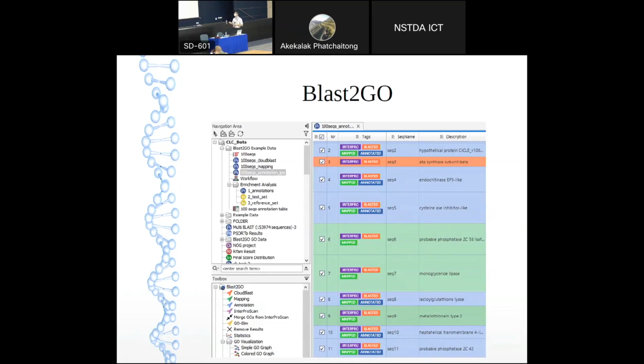So when you're running BLAST2GO, you start with a sequence name that's been output by the program, and the result is a description of what the gene actually does. So in this example, it was gene 4, and it's an endochitinase EP3-like gene.